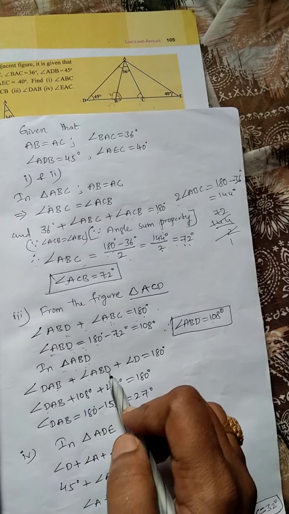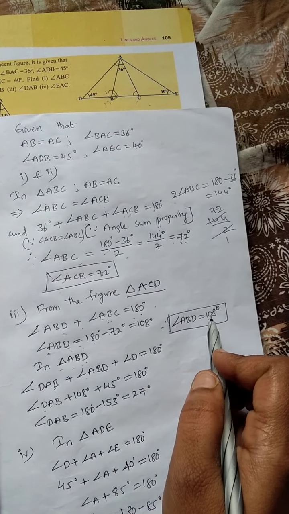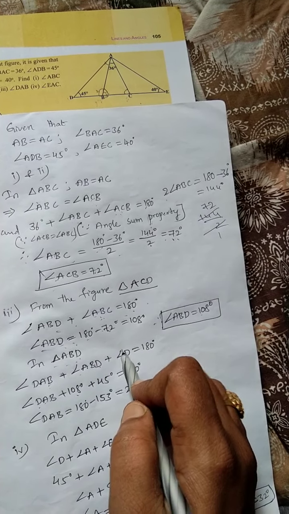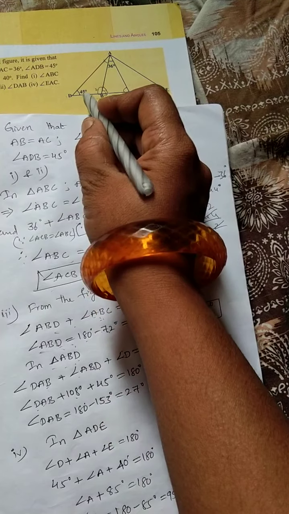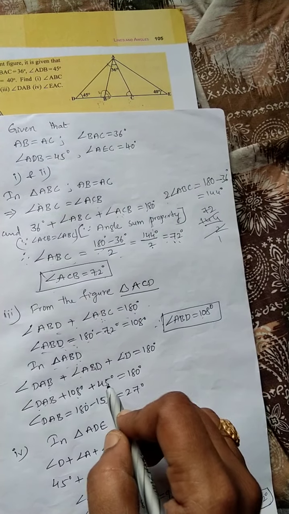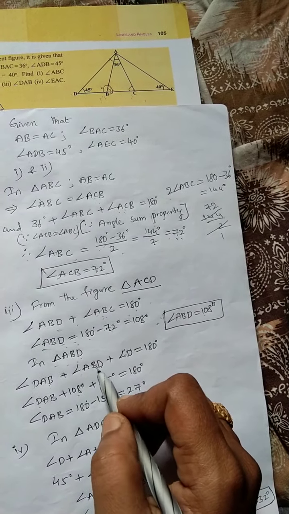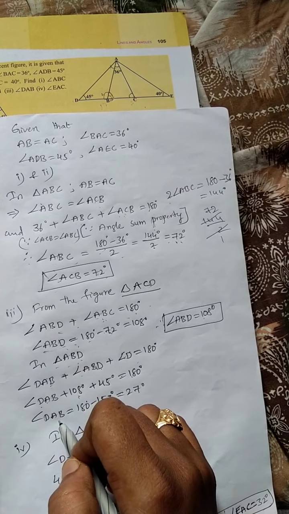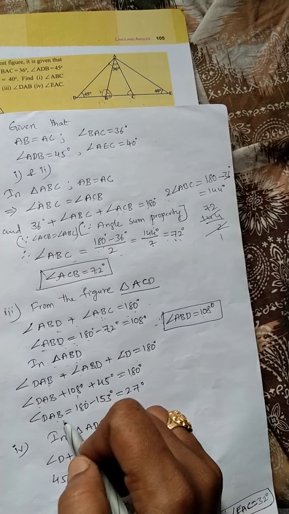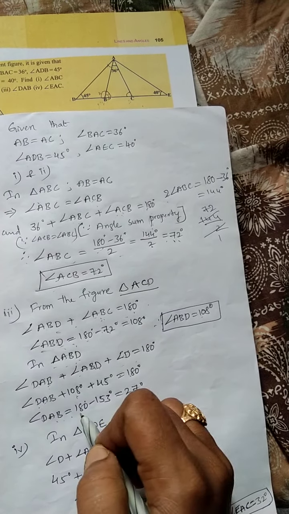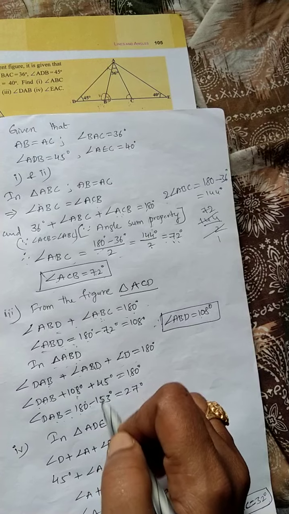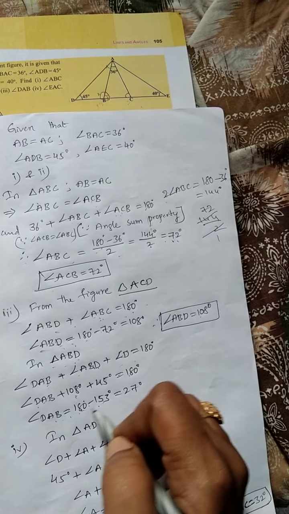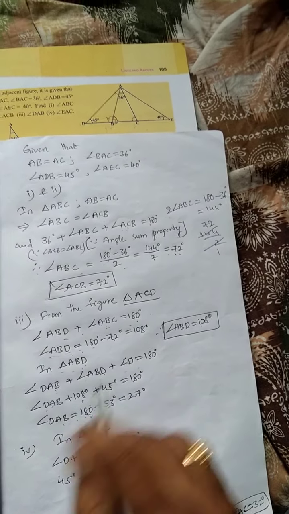DAB plus ABD, and ABD you already know is 108 degrees, plus angle D, which is also given as 45 degrees, is equal to 180 degrees. Now angle DAB is equal to 180 minus the sum of these two angles, 153 degrees. If you do the subtraction you will get 27 degrees.